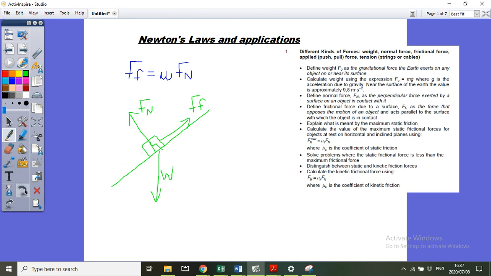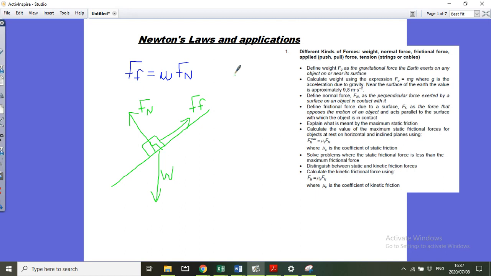So now what we need to do is work out the frictional force again. But remember, we have our equation. F friction is equal to mu times F normal. Now if we look at F normal, in this direction, there is no motion. So the normal force is going to be equal to the component of your weight that pushes this object down onto the surface.